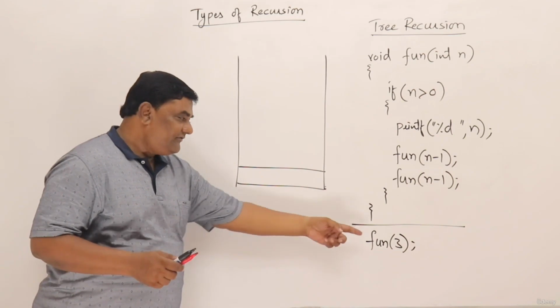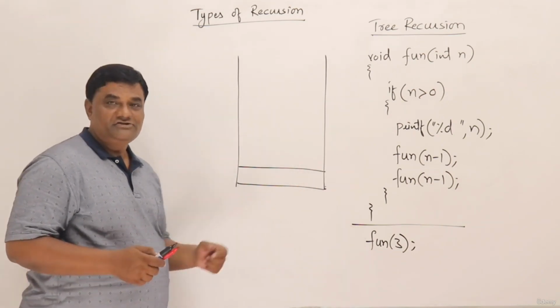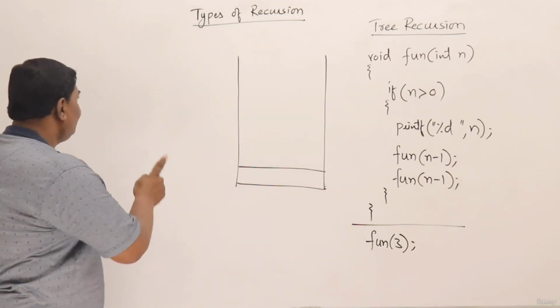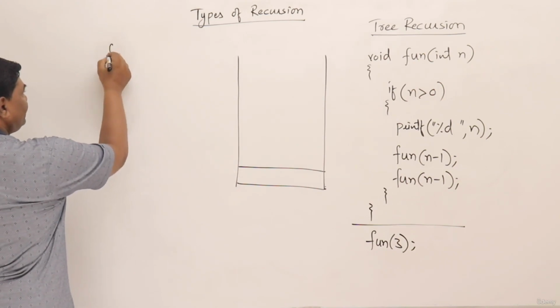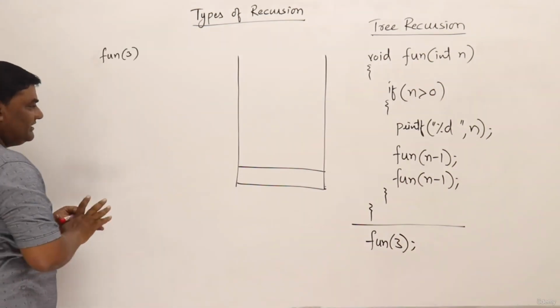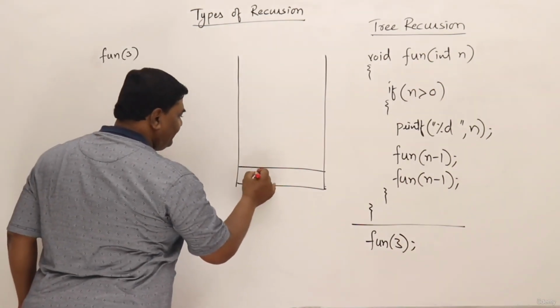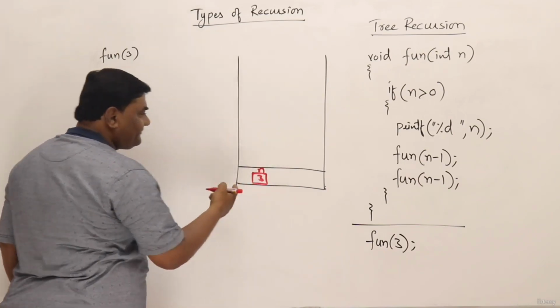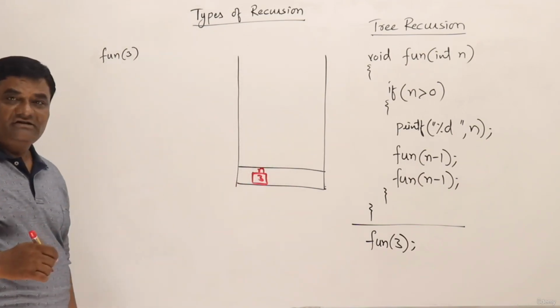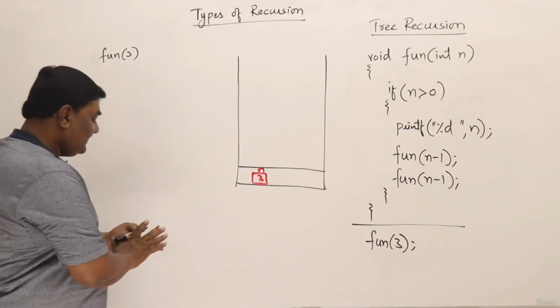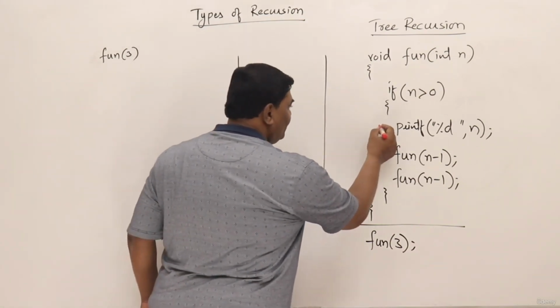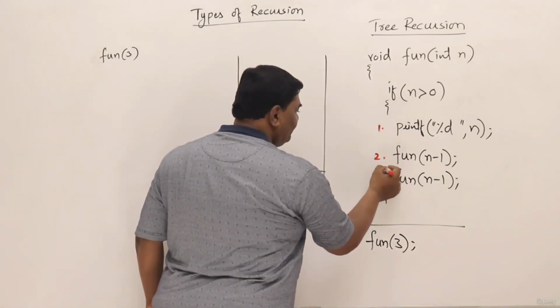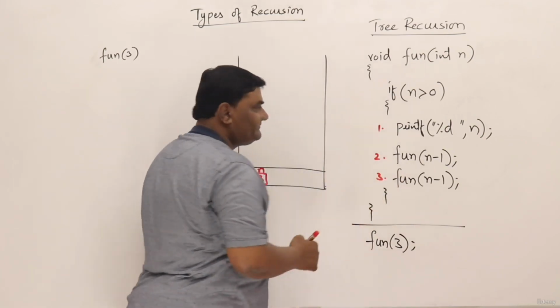Let us trace. First it is called with value 3. So the first call is fun of 3. For this function, an activation record is created and the value of n will be 3. This is the first record created. Then what are the steps it has to perform? First print the value, then make 2 calls.